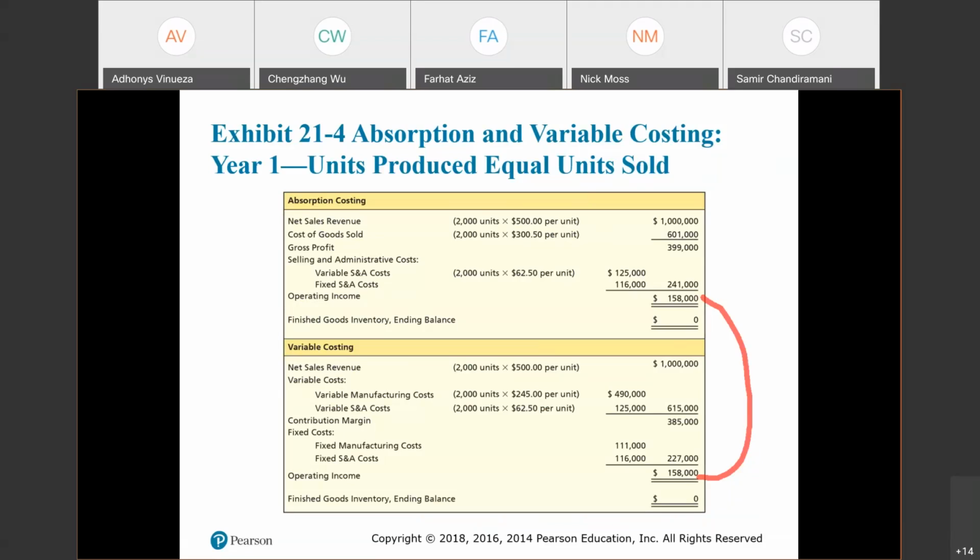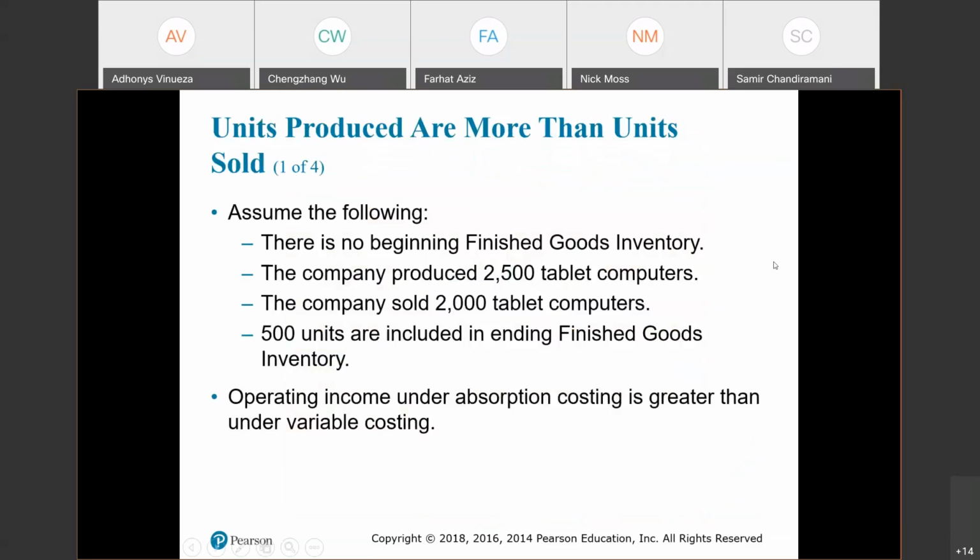But next, let's see the second scenario: units produced are more than units sold. So we have the following assumptions. First, similarly, there's no beginning finished goods inventory.